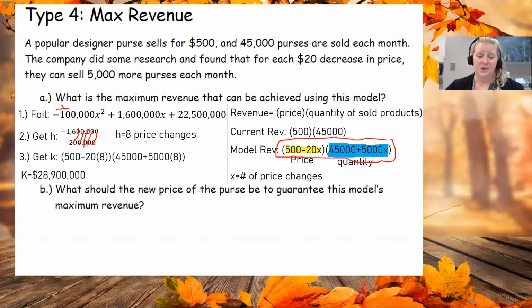Part B is actually going to be easier because all the work is done in this problem. It says, what should the new price of the purse be to guarantee that that max revenue is achieved? A lot of kids will write 8 because they think I'm asking for H. I'm actually not asking for H. I'm asking for the price when H is 8. And that's why I had you circle this price formula here. So I'll go ahead and pull that up.